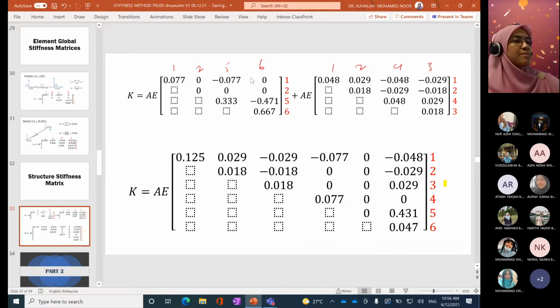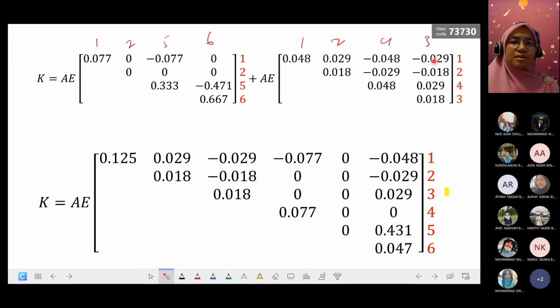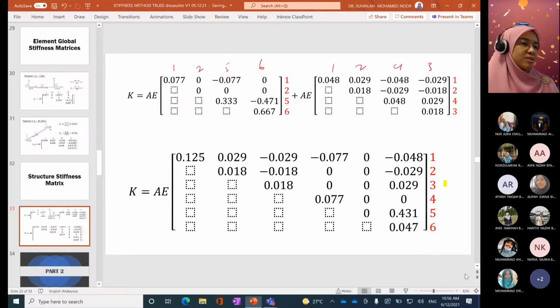Okey, so 1, 2, 5, 6. Okey, kita nak cari position 3, 1. Kita akan dapat 3, 1 tu negatif 0.029. Sini kan? Yang ni. Lepas tu 1, 4. 1, 4 dah lain, sebab kita ubah position tadi. So 1, 4 dah lain.